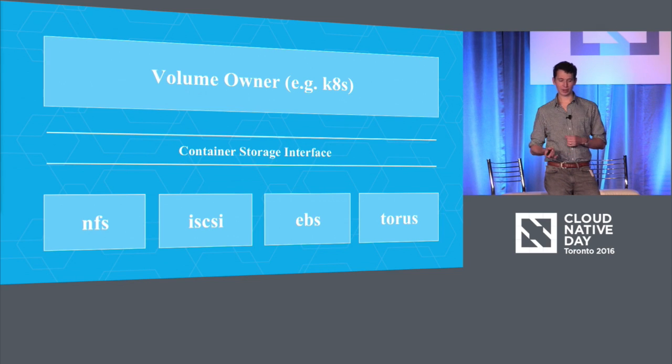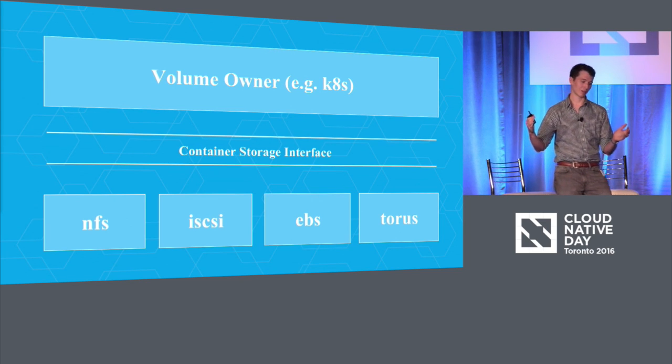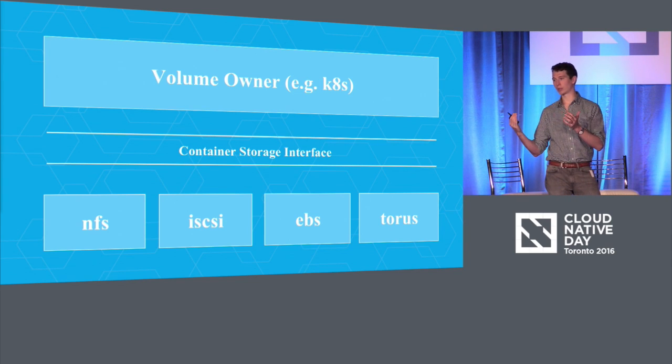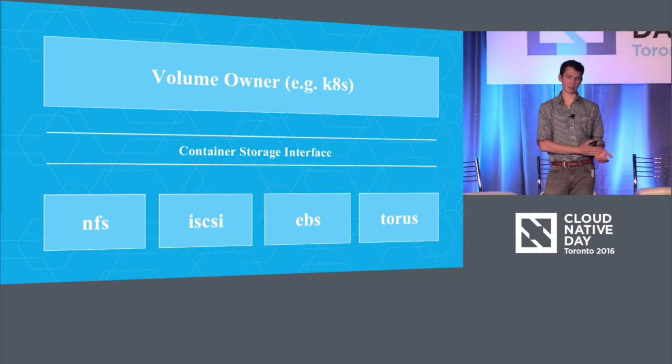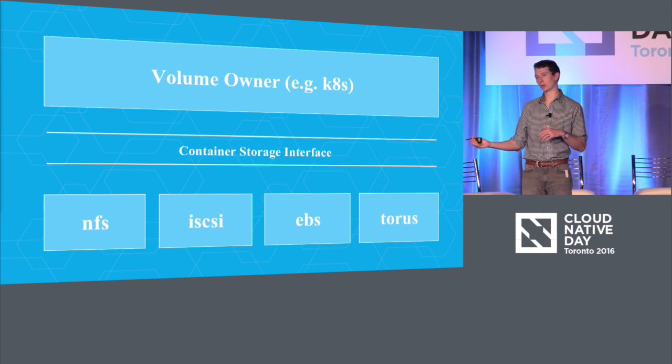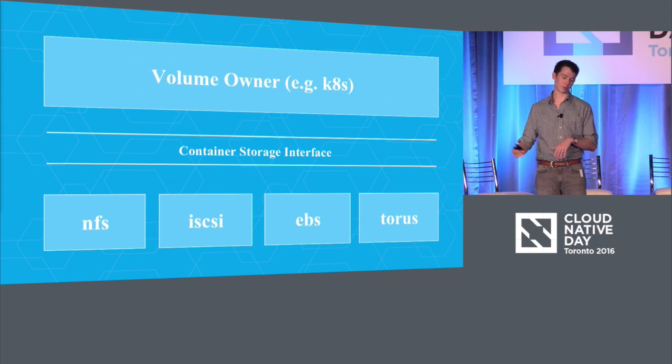And the idea here is that we have an interface where scheduling systems are able to tell the storage system my expectations around storage: I need these QoSs, I need it to land inside of this data center, it needs to be in this failure domain, et cetera. And however those systems care to expose the storage, whether it's at the block level or the file system level like NFS, or maybe it's a cloud provisioned system like EBS or Google's persistent volumes, those systems are able to consume it.